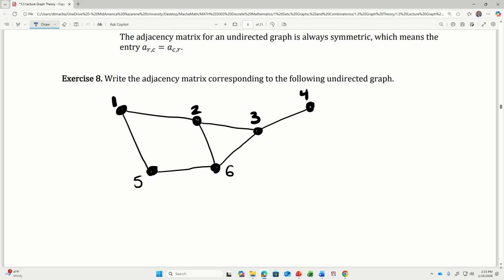So what this means is that if I'm going to make a matrix for this graph, it has 6 nodes, so it's going to have 6 rows and 6 columns, because there are 6 nodes. So I'm going to have a 6 by 6 matrix. In the first row, I'm going to have a 0 if there's not an edge and a 1 where there is an edge. So it's going to look like this for the first row.